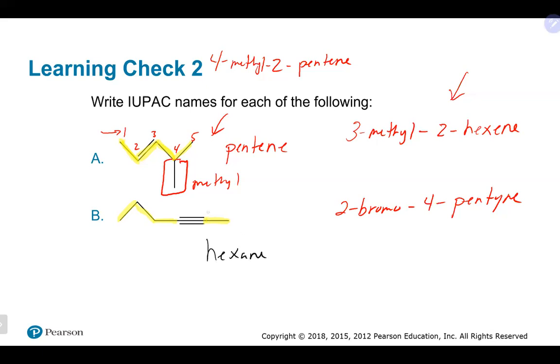Here we have a triple bond happening. So that would become hexyne. And our triple bond would actually be at carbon number 2 heading in that direction. So this would be 2-hexyne. Any questions on that one?